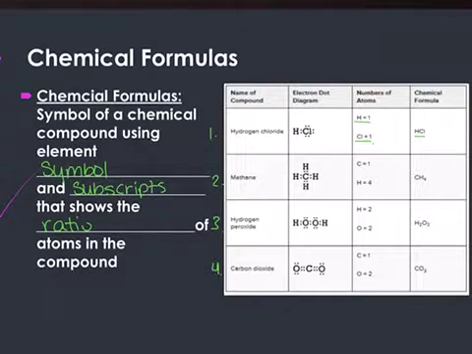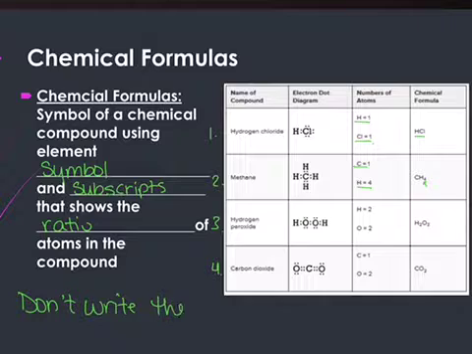Methane, on the other hand, has 1 carbon and 4 hydrogens, so its chemical formula is CH4, and this subscript 4 indicates that there are the 4 hydrogen. We do not write the subscript 1.